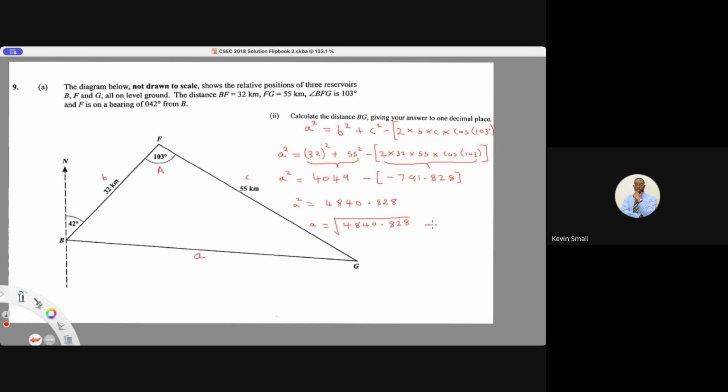And your answer will be, if done correctly, 69.6 to 1 decimal place. Okay, so that is that.